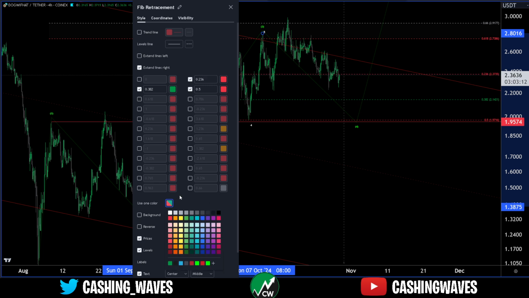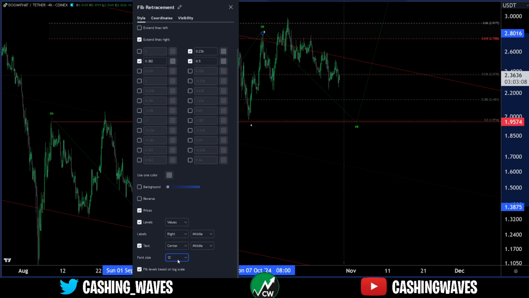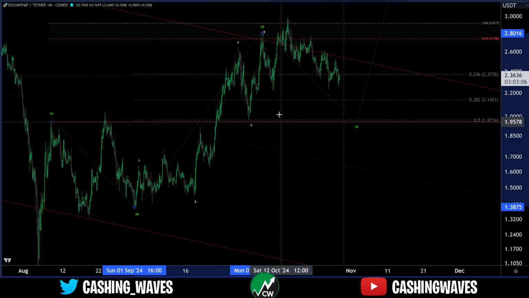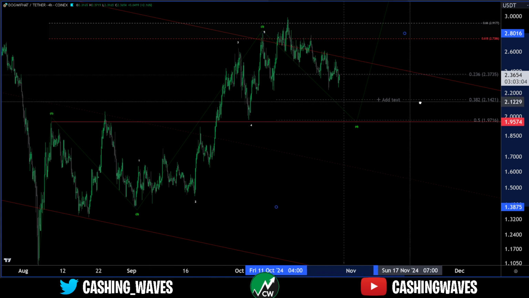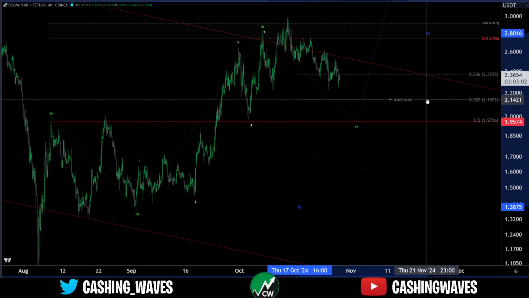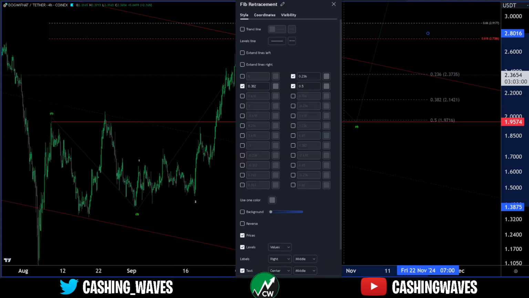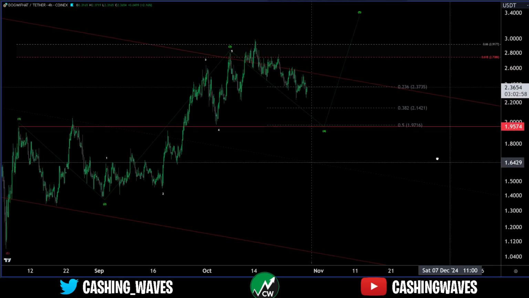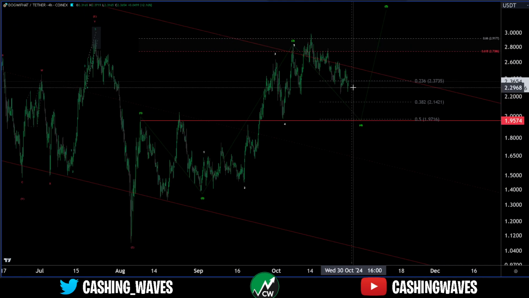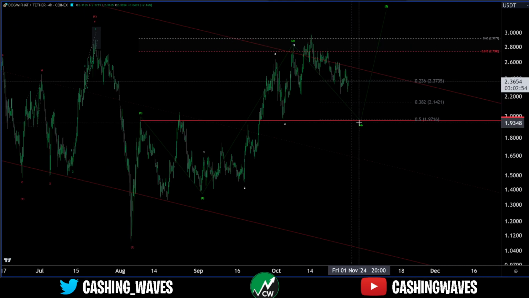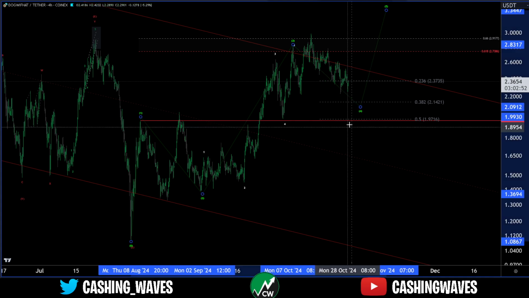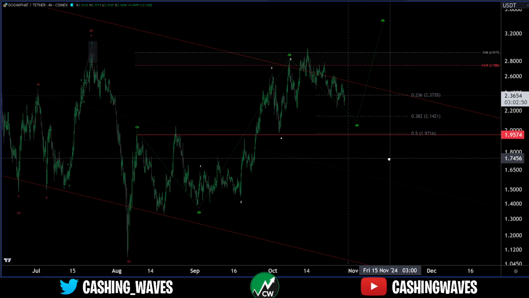Get rid of our background there, make that all one color. So we're right in that zone we want to be, 236, 382. Hold above the 50 ideally, but it's so close to that invalidation that I'd put my stop at the invalidation.